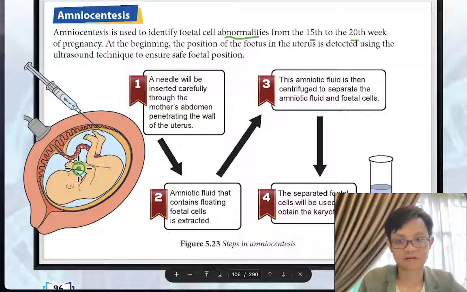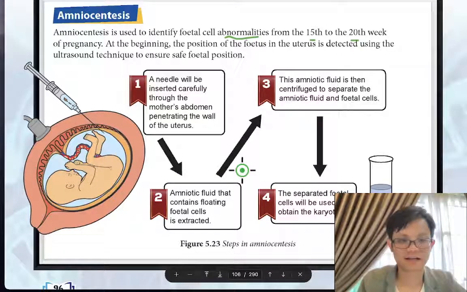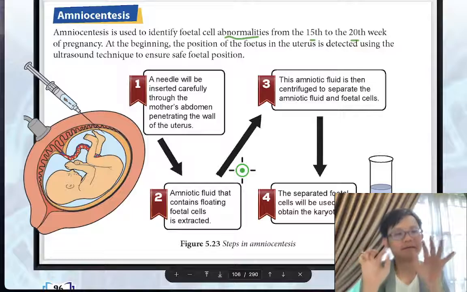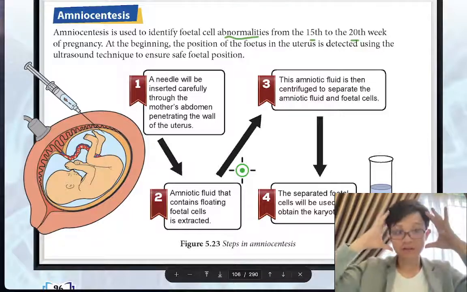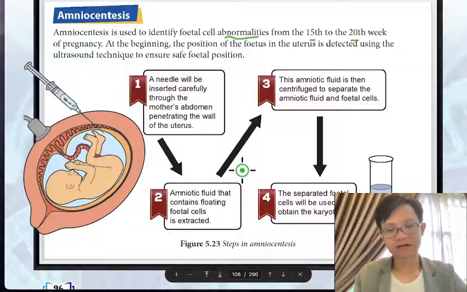Problem can be solved, then I think it's not necessary to abort. How about if the doctor says the son will have Down syndrome and there is no cure? Down syndrome means the hands are short, the head a bit big. So what do you think the parents should do and why?